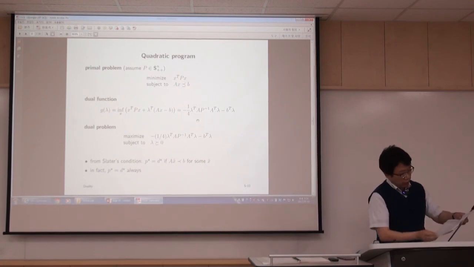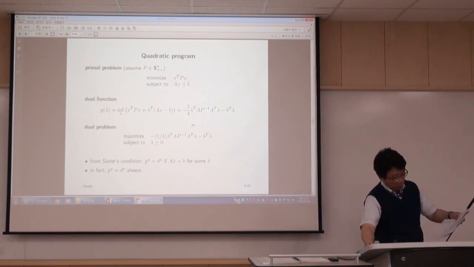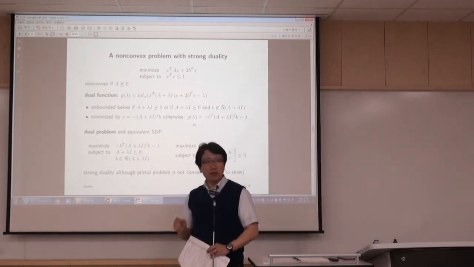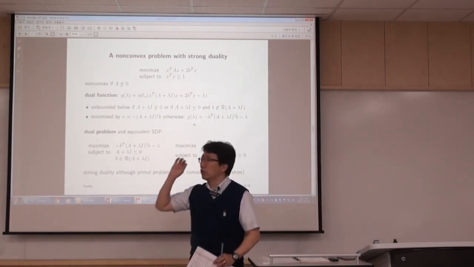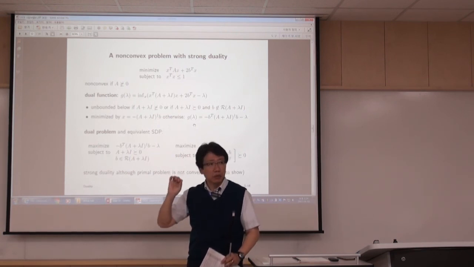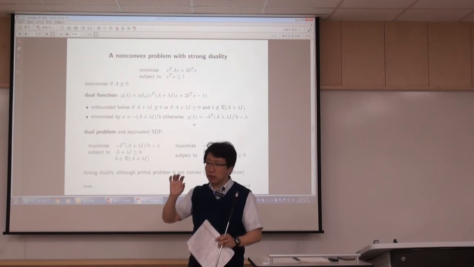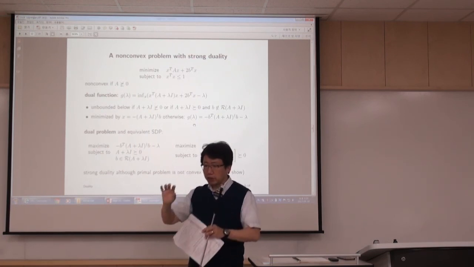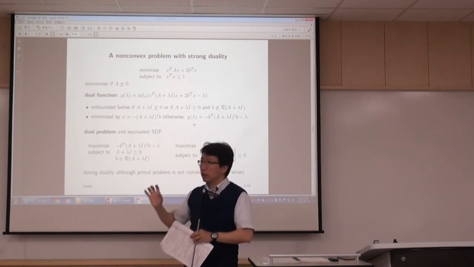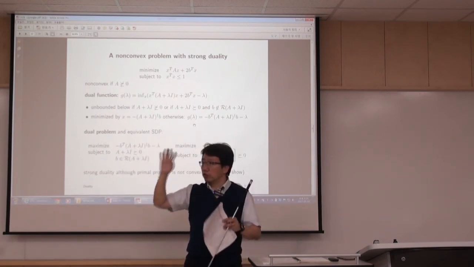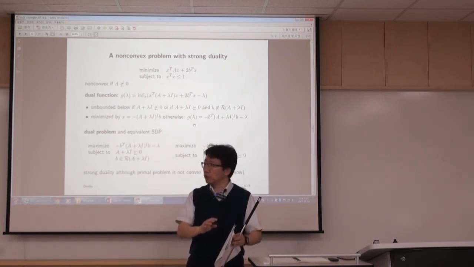What else do we have? Oh, by the way, as I told you, Slater's condition is a sufficient condition for a standard convex optimization problem where the equality constraint function is affine. Okay? But we may have other conditions for non-convex problems, right?